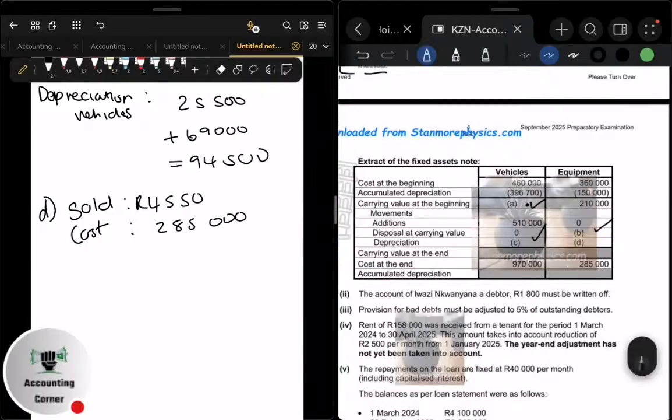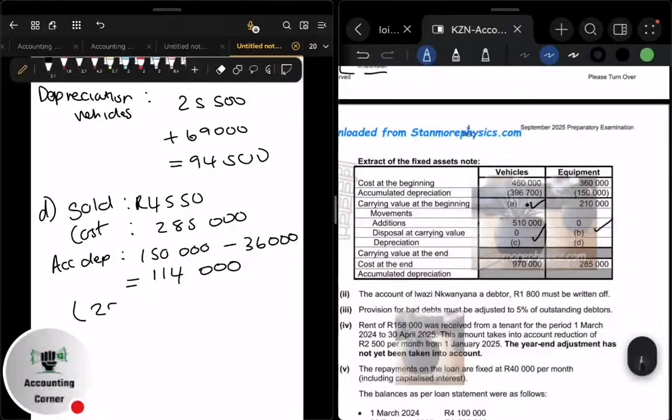Okay, so it's the accumulated depreciation at the beginning that we need to calculate for the remaining. So the total was 150,000 and the sold was 36. So we say 150 minus 36, and that will give us 114,000, which is the accumulated depreciation for the remaining equipment.